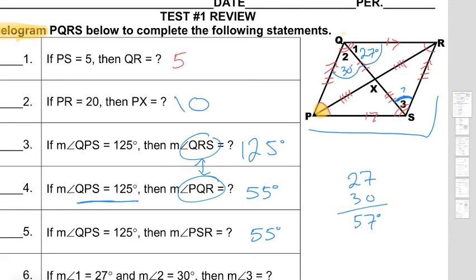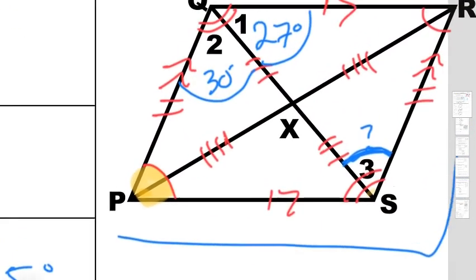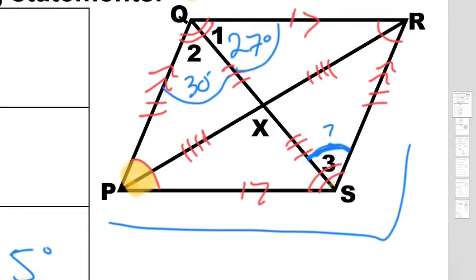So let's go back and figure out how we can find the measurement of angle 3. Let's take a closer look here. I know this is way back in the back of your head, but we have angle 3 that's in here, and this side there is parallel to this side here.